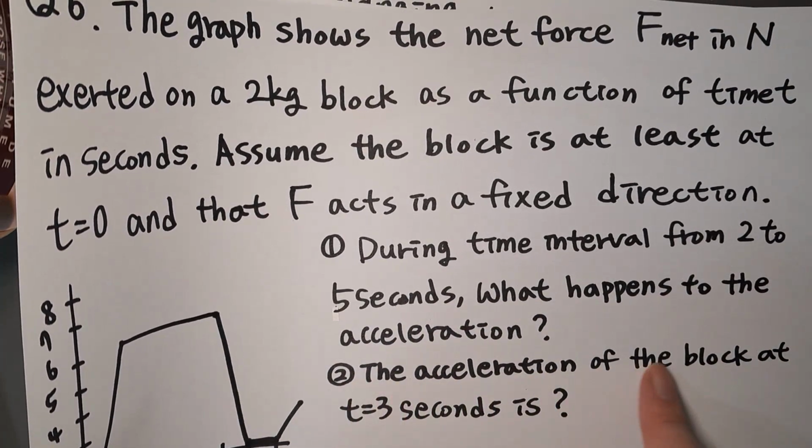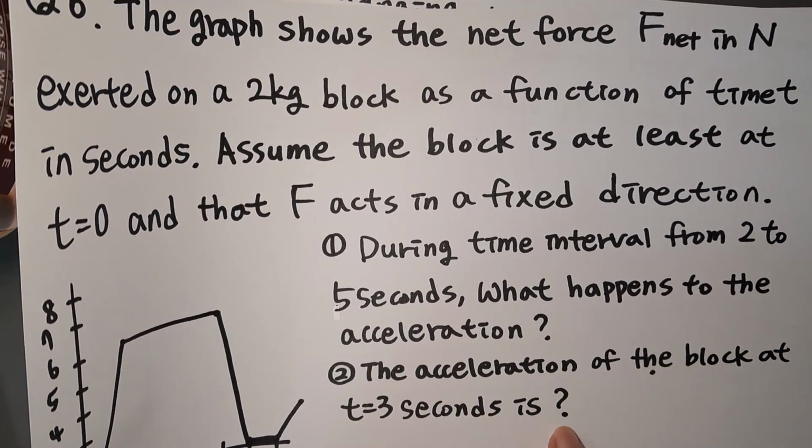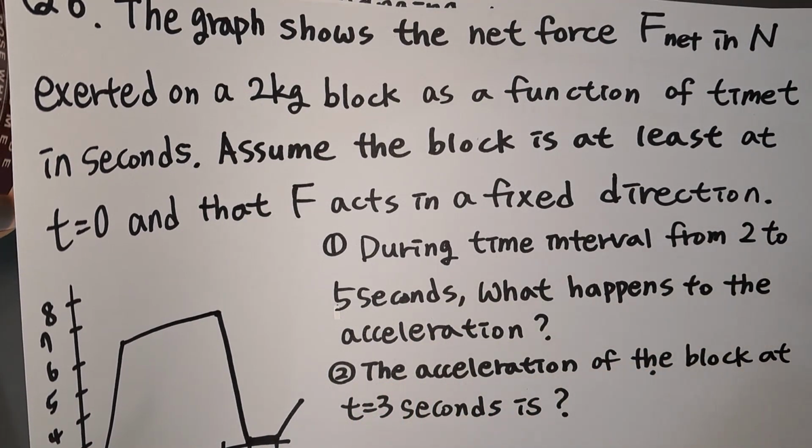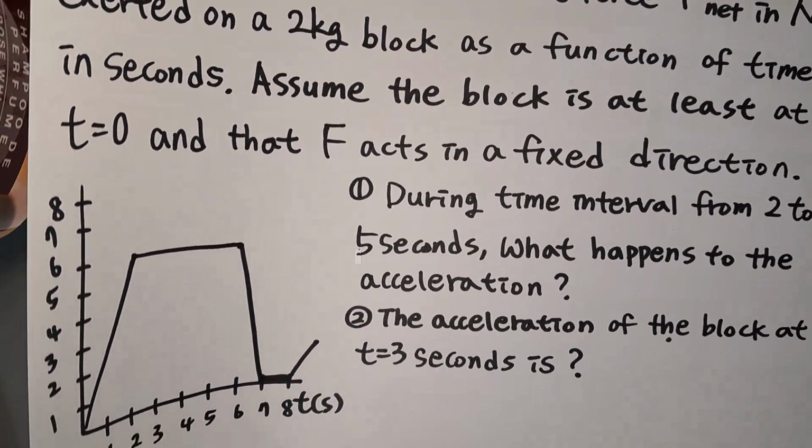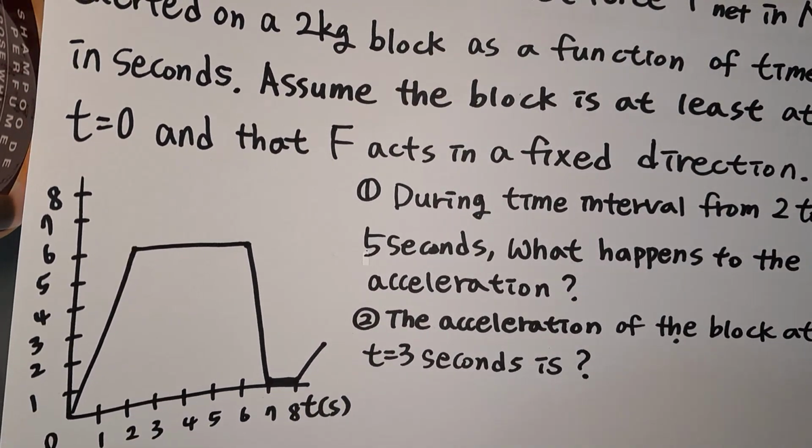What is the acceleration of the block at time 3 seconds? The force and the mass are constant during this interval. Therefore, the block continues to speed up, but the acceleration is also constant.